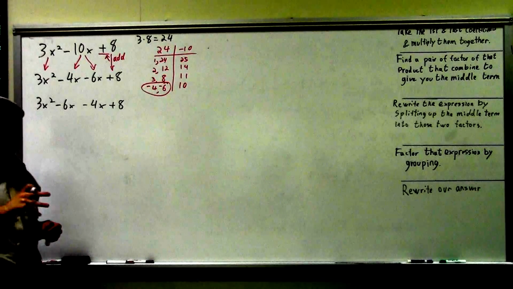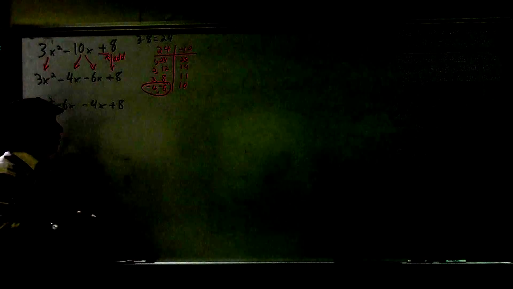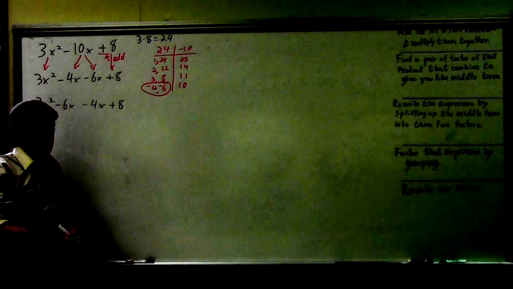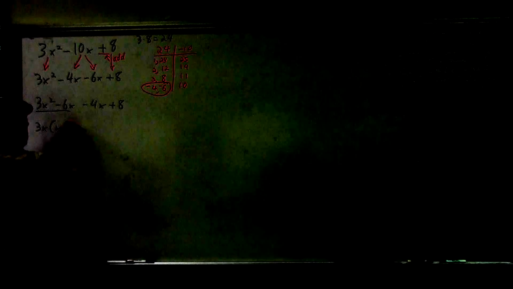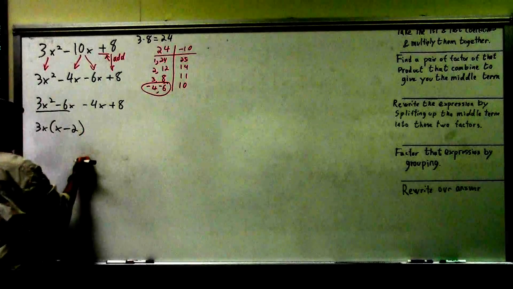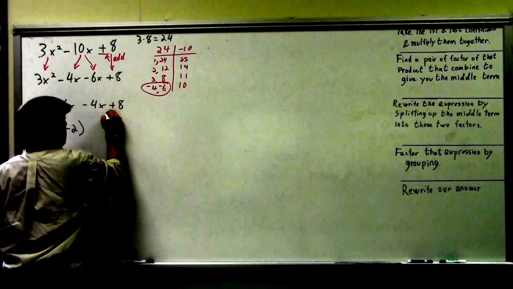Okay, it's just a matter of writing them in the opposite order. All right. Now the important thing there is you've got to make sure that you keep your signs the same. Okay. If this guy's negative, it should stay negative. Okay. All right. Our next step here is we're going to factor out a GCF from these guys.